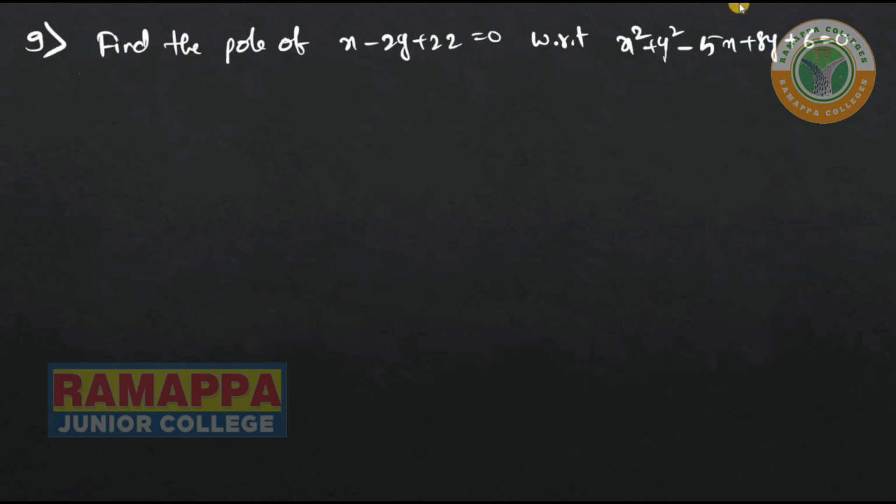My dear students, here I want to say one thing here, solution. So one formula is there for doing these things. When we find the pole of the given equation, this one and this one, the circle is given.